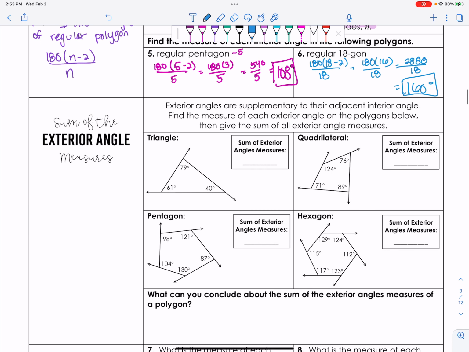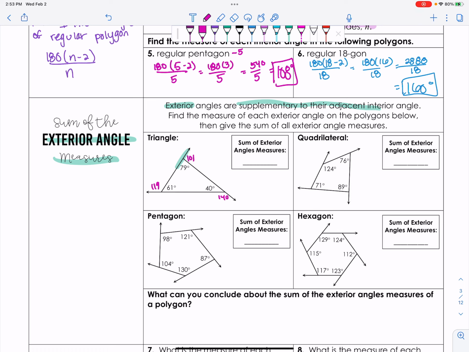Next, we're going to look at the sum of the exterior angles of a polygon. So remember, exterior angles are going to be supplementary to their adjacent interior angle because they are a linear pair, so they have to add up to 180. So going around this triangle, we have 101 degrees, 140, and 119.